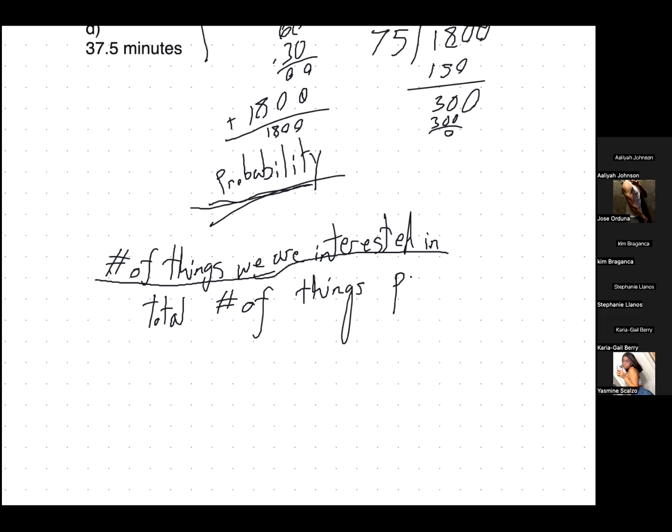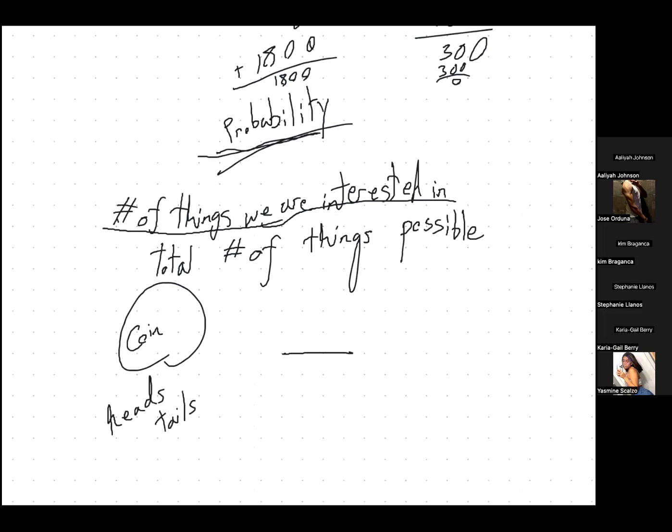So let's take the most simple probability ever. Let's say we've got a coin with heads and tails. Now, how can we write this? Let's say about heads.